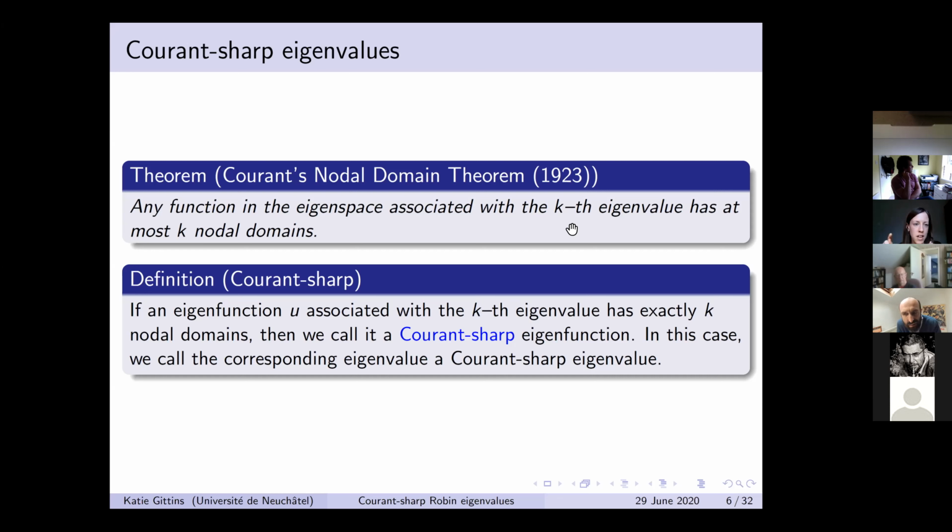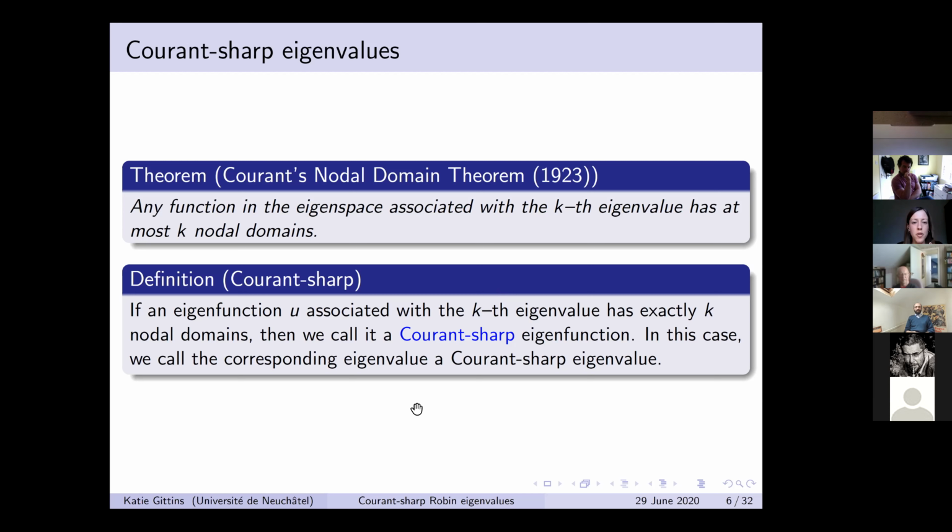So you look on each one at lambda 1, the first Dirichlet eigenvalue, and you maximize among all domains in the partition. And then you minimize among all partitions, and the partition that achieves this minimum is what we call a spectral minimal partition. And it was shown by Helffer, Hoffmann-Ostenhof, and Terracini that the nodal partition corresponding to a Courant-sharp eigenfunction is one of these spectral minimal partitions. So there's quite a lot of motivation to study them. That was in the Dirichlet case, of course.